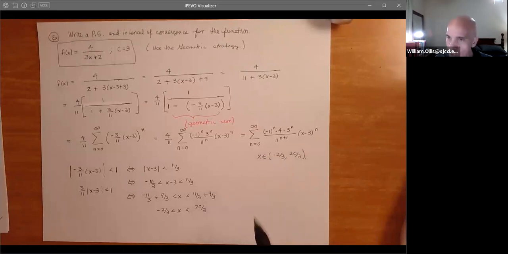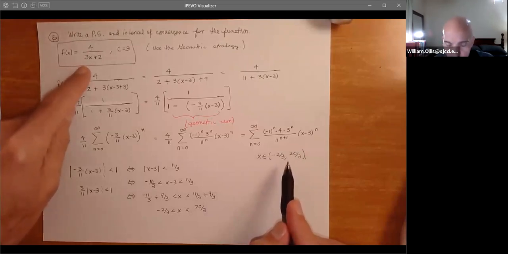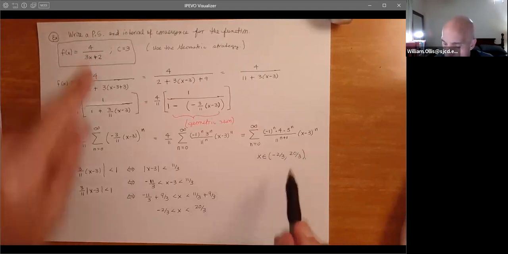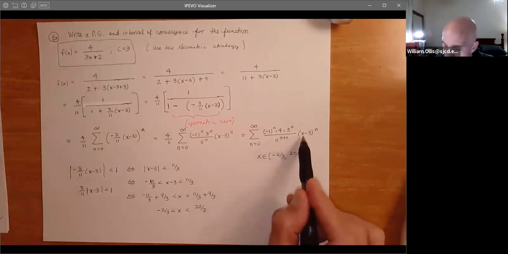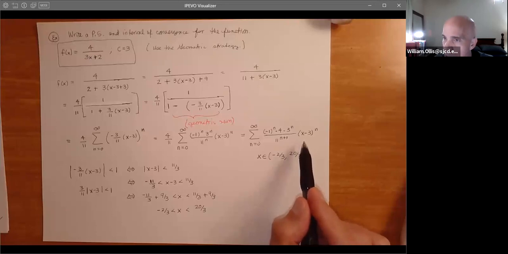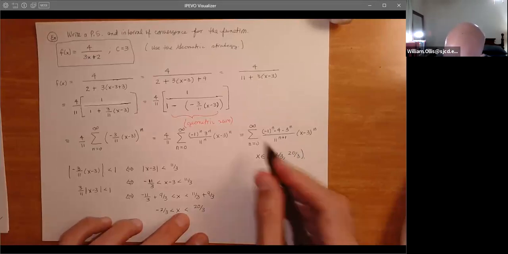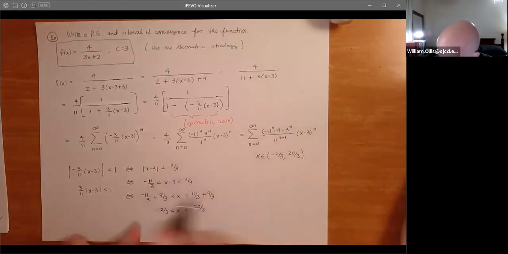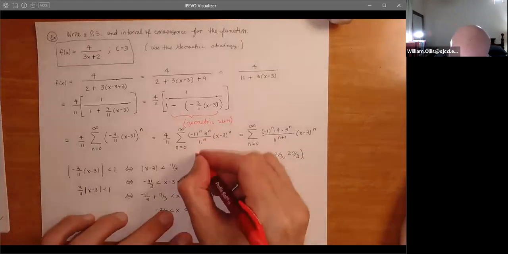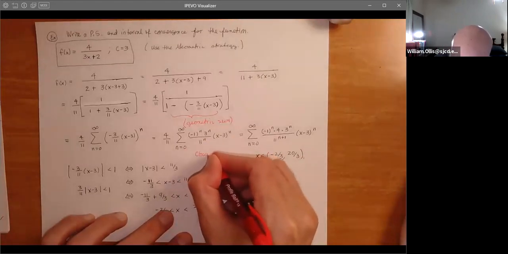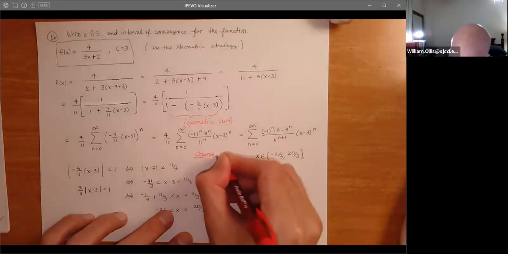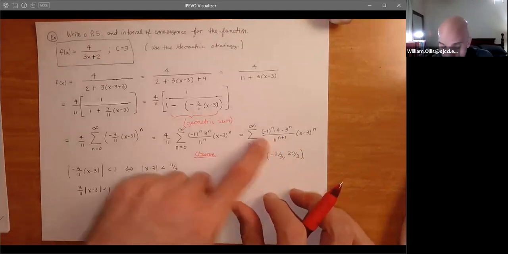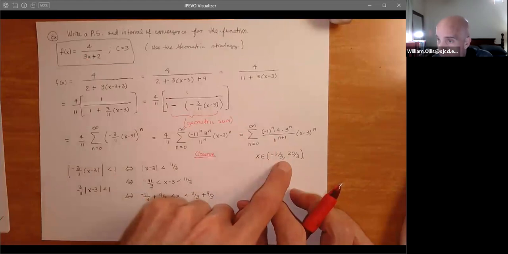So for instance, you can check this. I like to always do little calculations on the side. 0 is in the interval of convergence. So of course, f of 0 is 4 over 2, which is 2. But if you were to substitute 0 in here for x, you would get 2. Let me just show you that. I thought this was interesting. So let me just observe here. Because of course, if this is true, then this will mimic this as long as we live here.